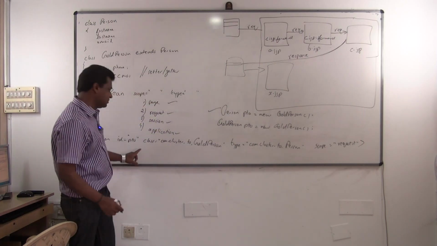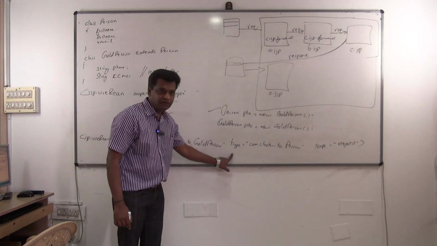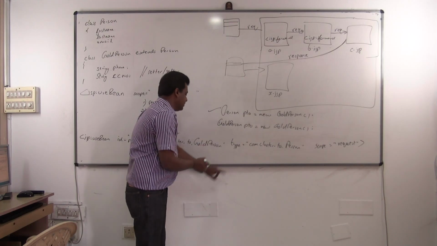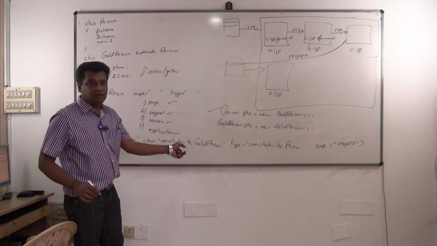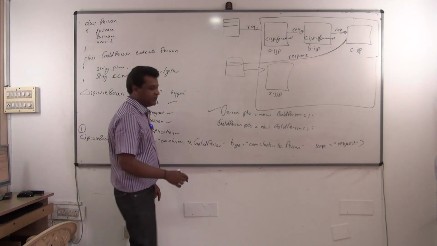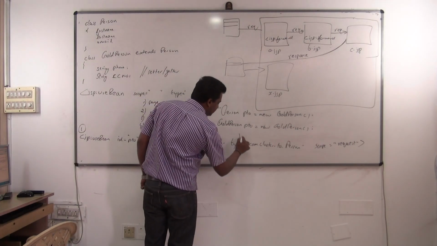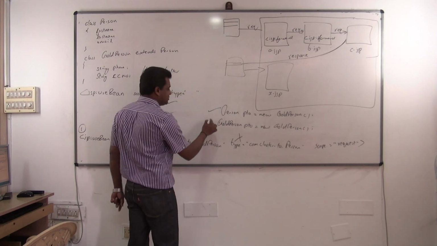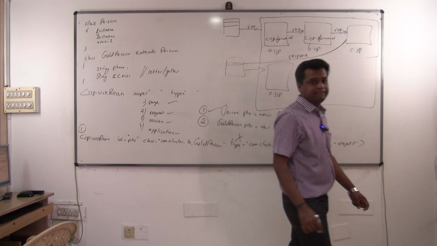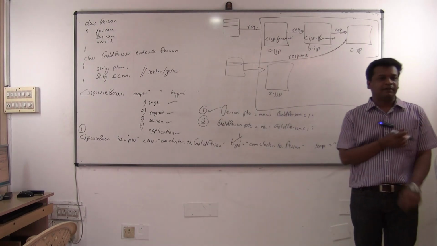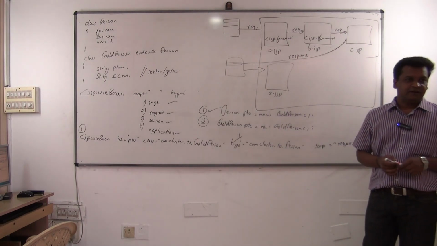This is scenario number 1, where you are using class and type. Scenario number 2 is where I am not using type. If you don't use type, this is how it will work.